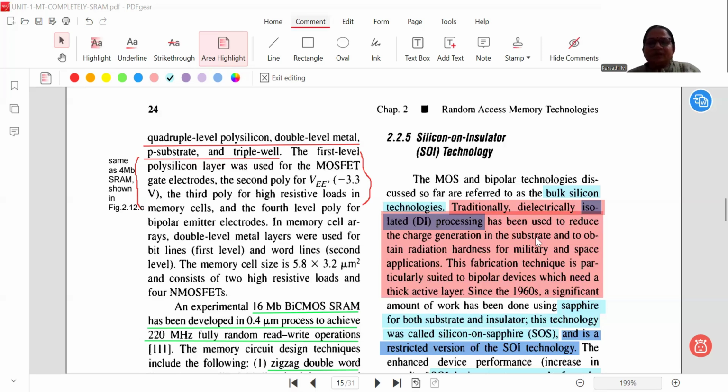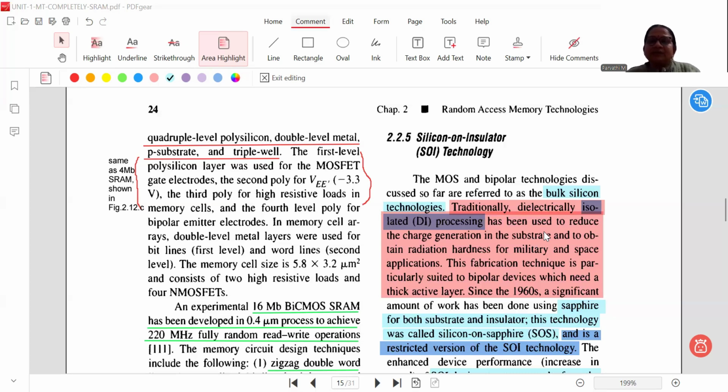PNP or NPN like that, when the separation is happening, the traditional isolation method used was dielectric isolation, DI processing. This dielectric isolation is the material which is connected between one component and another component, given a polarity or a potential in such a way that the two components would be separated with a potential.